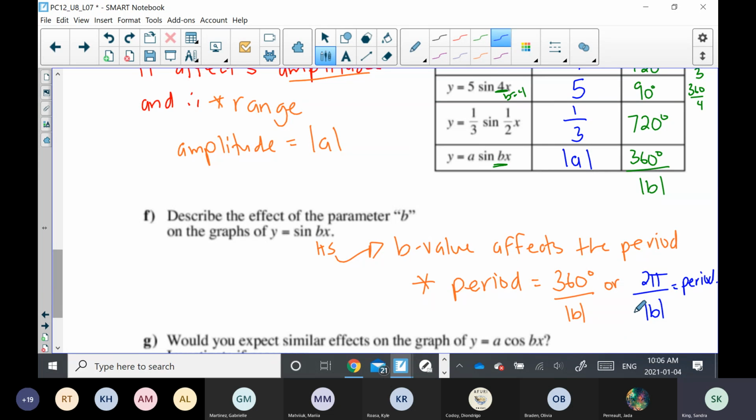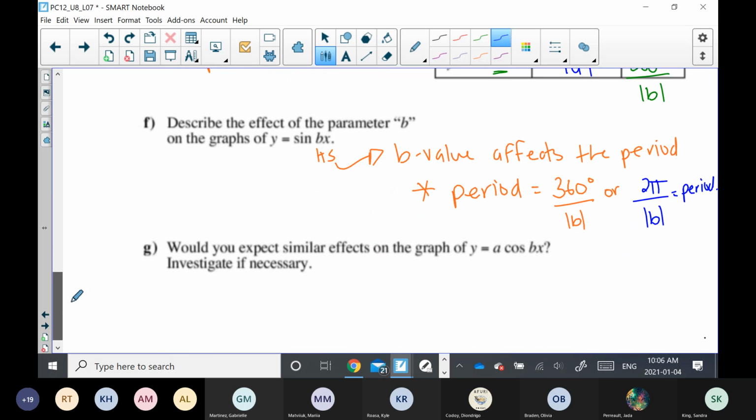When does the graph start repeating itself? Okay. Would you expect similar effects on the graph of y equals a cos b of x? Yes, the answer is yes. So again, this is a vertical stretch, but that's going to be the amplitude.